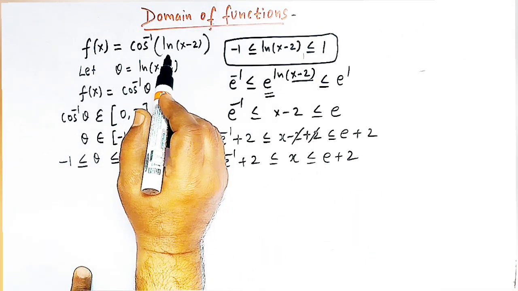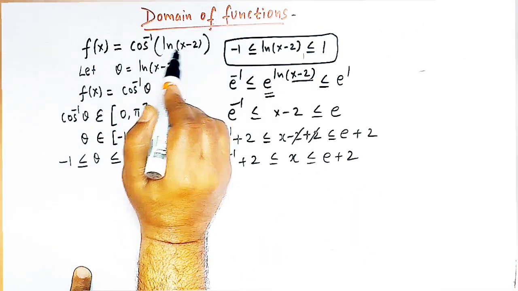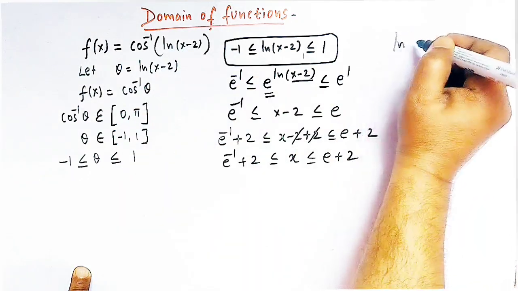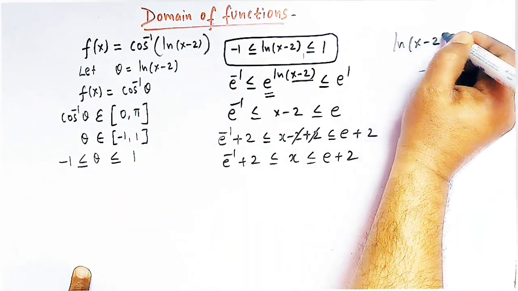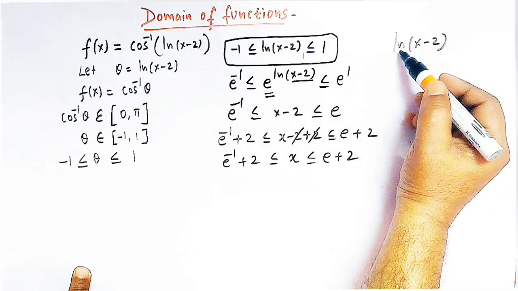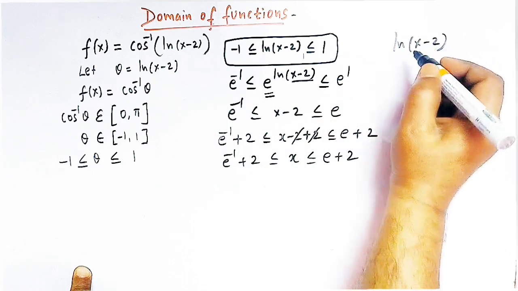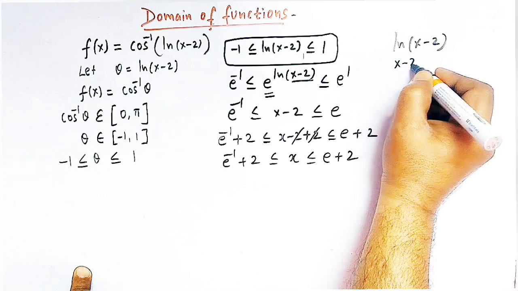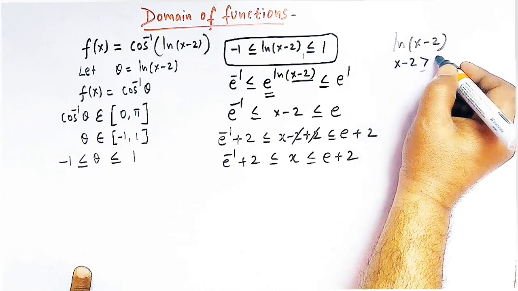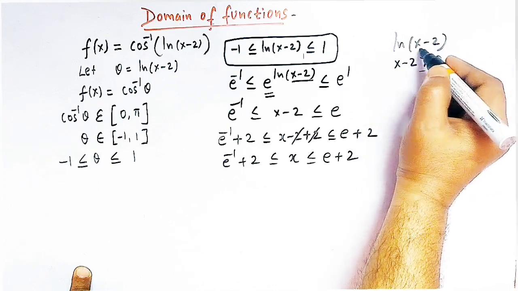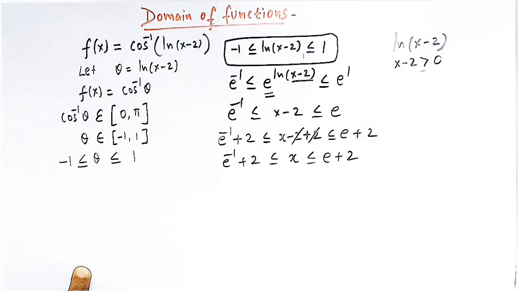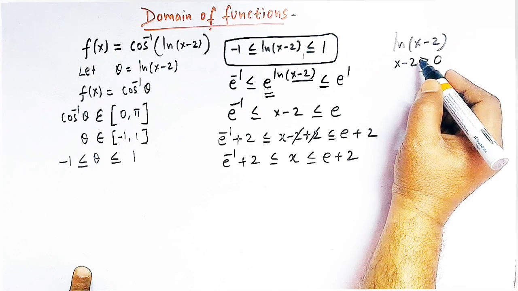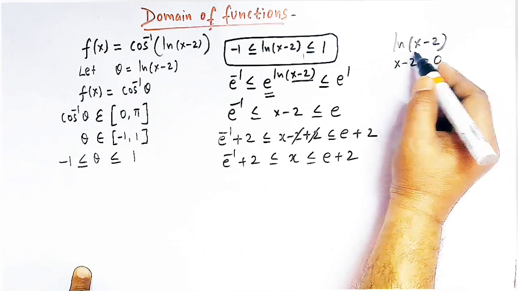So now let us see this log term here. Here we have a log of x minus 2, right? So natural log of x minus 2 is defined for all values of x for which x minus 2 should be greater than 0, because here we cannot have a negative number, because the log of negative numbers is not defined on the set of real numbers.